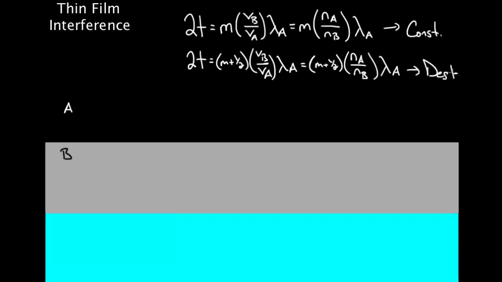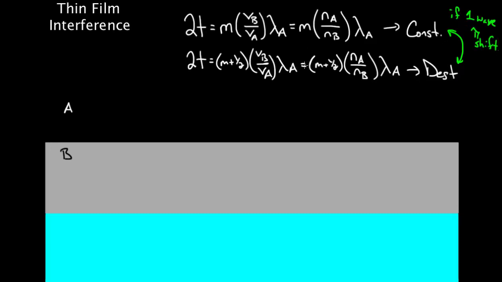The only other thing to worry about is if there's a relative pi shift. You would flip-flop these conditions. These half integers would give you constructive, and the integers would give you destructive if one wave, and only one wave, gets a pi shift. If one wave gets a pi shift, then you swap these conditions.